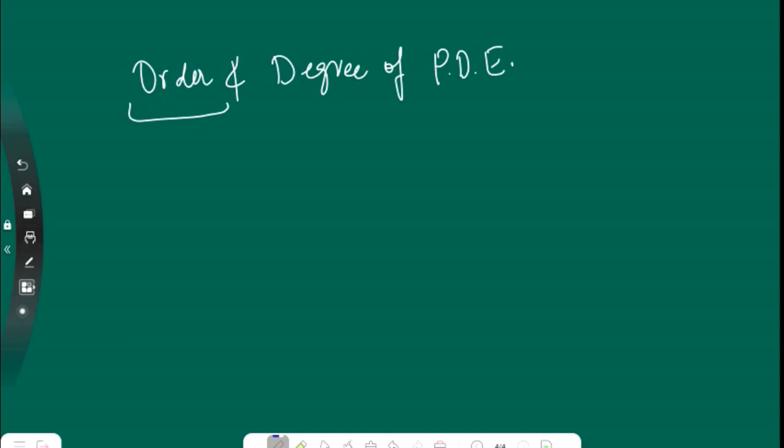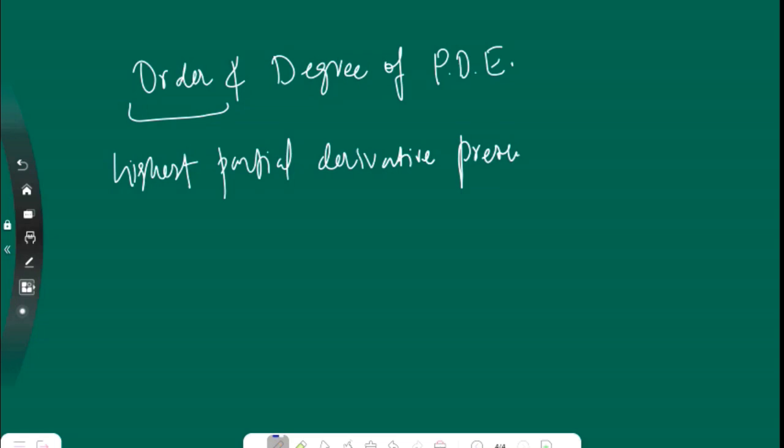The order is the highest partial derivative present in the PDE.